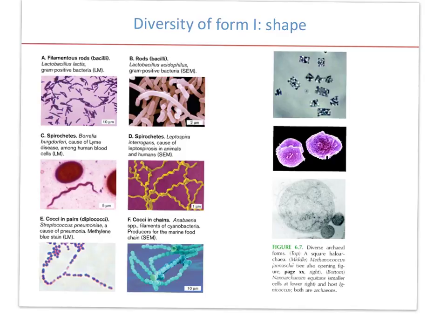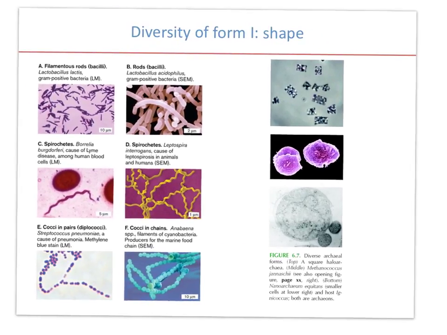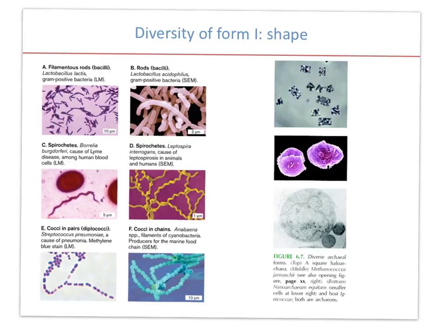You have the spirilla, which encompasses spirochetes and other organisms in spiral forms, and then cocci, circular types of cells. Sometimes you also see, especially in archaea, kind of interesting forms of cells. You can actually find square cells. You can find ones that look a little bit like eukaryotic cells.